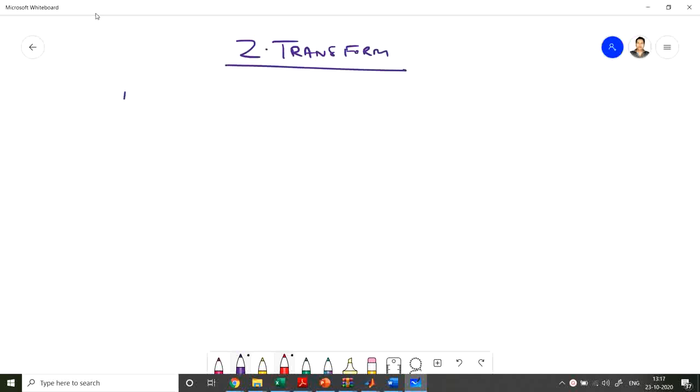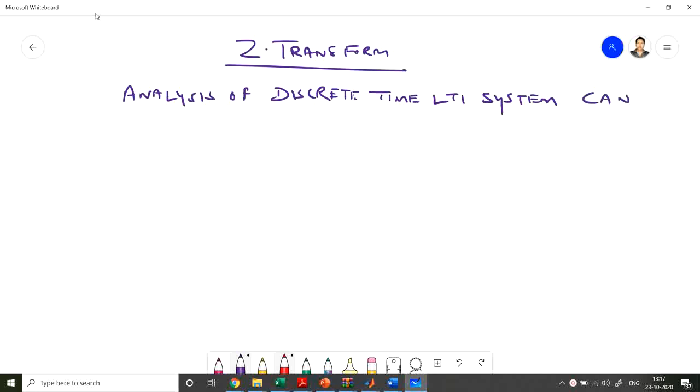So basically, the analysis of discrete time LTI systems can be done using the Z transform.